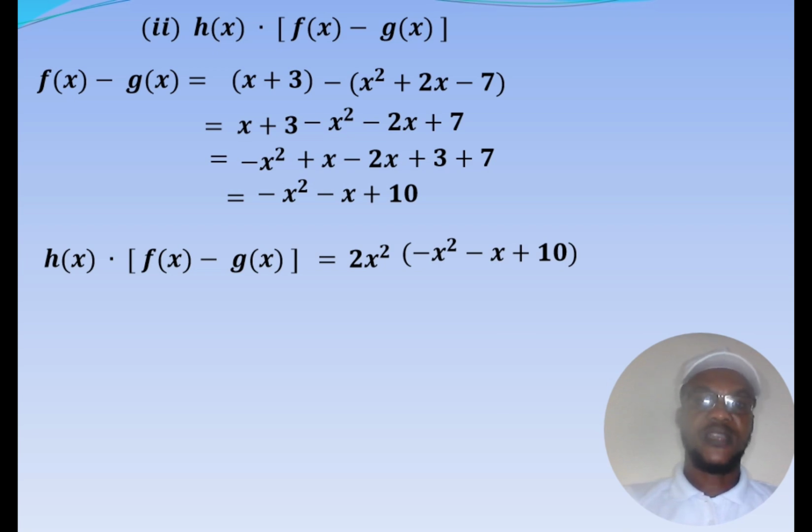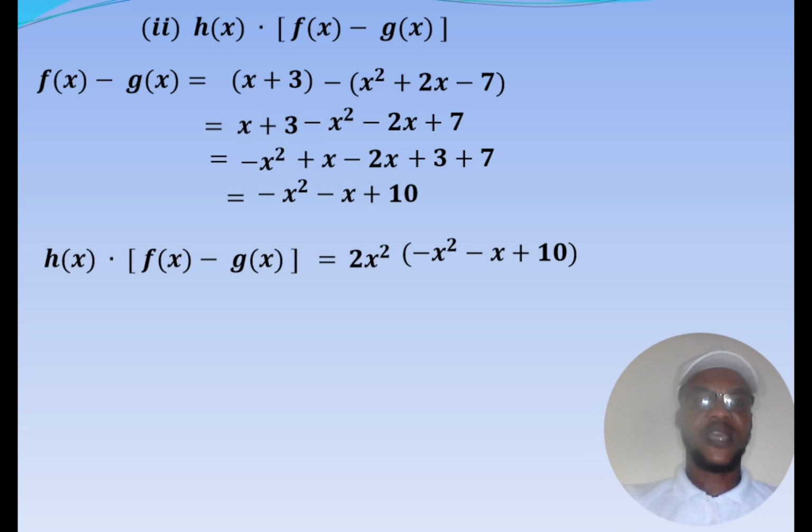Once you have this, the same thing here, it means we have one expression outside. This time the one outside is not in a bracket, so we have only one term, and this is going to multiply each term. So 2x squared multiplying negative x squared, what do we get? We get negative 2x exponent 4. Why 4? Because of the law of indices. If you have forgotten, then go back to the law of indices. When you are multiplying expressions, when the bases are the same, we add the exponents.